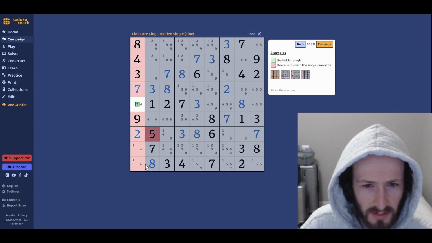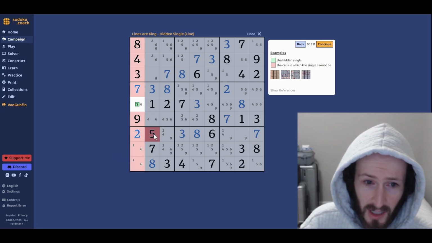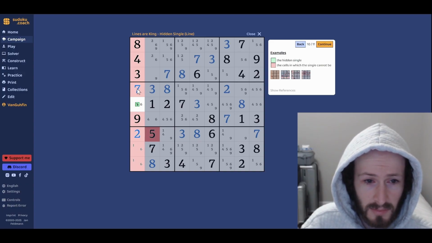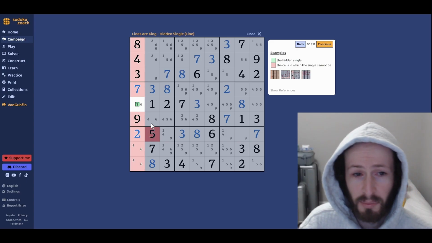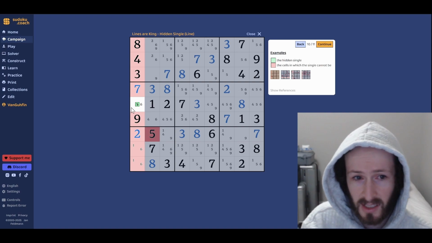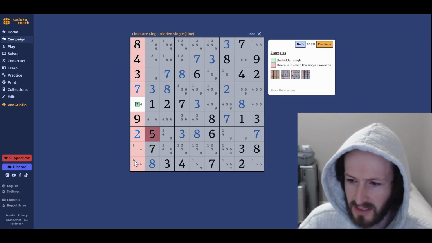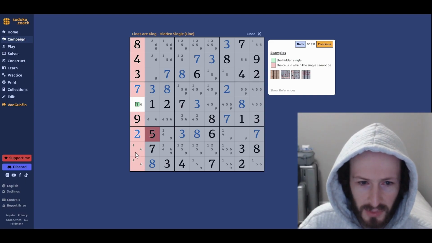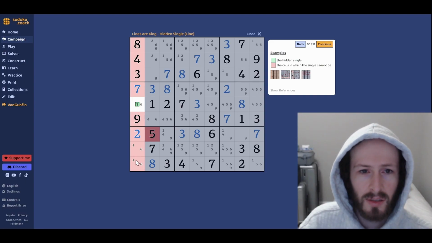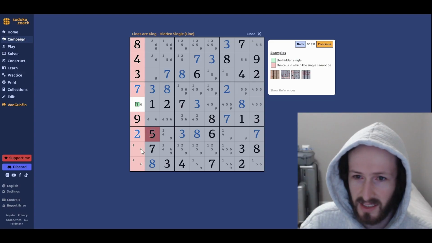Well, in the 7th box, there is a 5. So the last 2 empty cells in this column cannot be a 5, because a 5 is already in that box, which means the last missing cell has to be a 5. Reducing the numbers that these two could be to a 1 and a 6. Oh, okay. I get it.